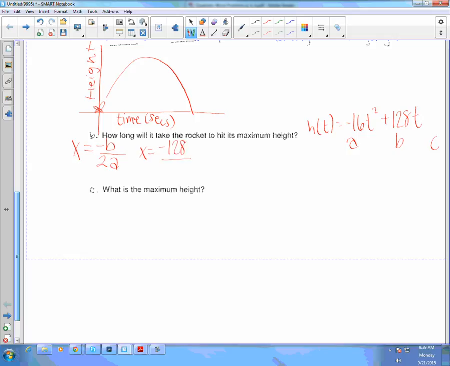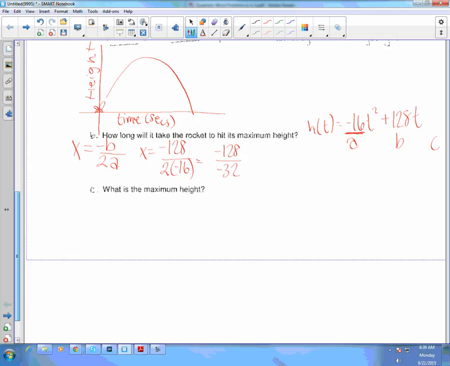Negative 128 all over 2 times A. Okay, here, what is A? Just the number 16, but it's not just 16, is it? Negative 16. What is 2 times negative 16? Negative 32. So what do you type in your calculators, please? Negative 128 divided by negative 32. The negative sign is down by the decimal.